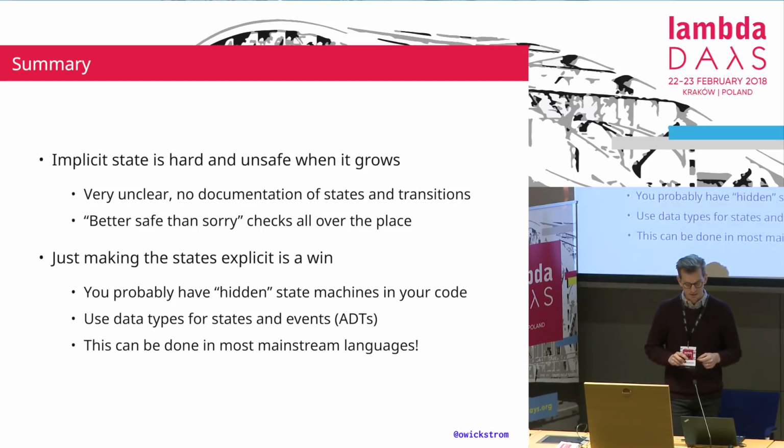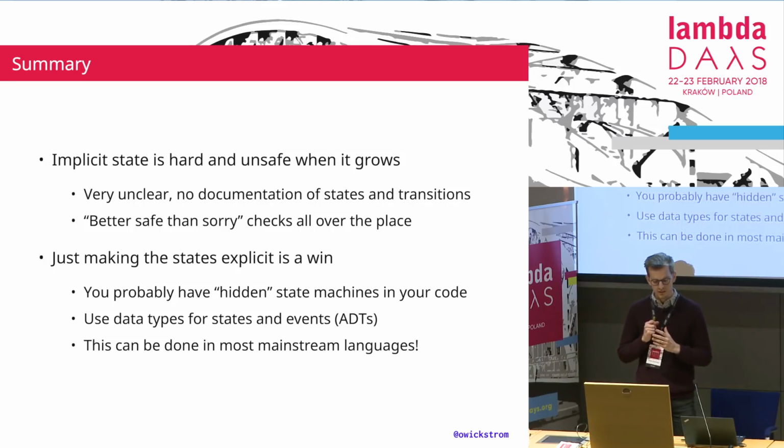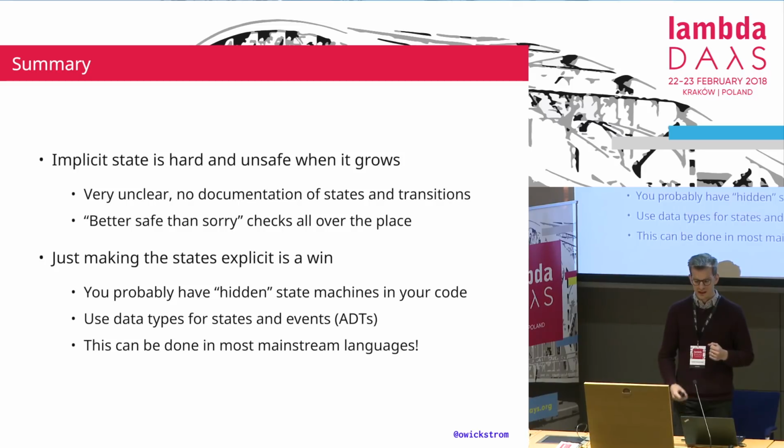So to summarize, implicit state is hard and unsafe when it grows. We can have a better kind of documentation and understanding of our program by making it explicit and not have to do defensive programming. You probably have these hidden state machines in your code, which you might benefit from formalizing.